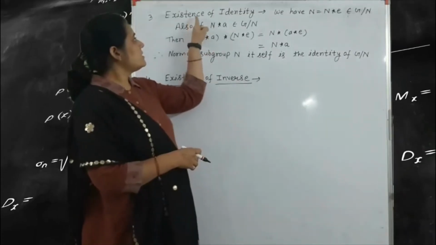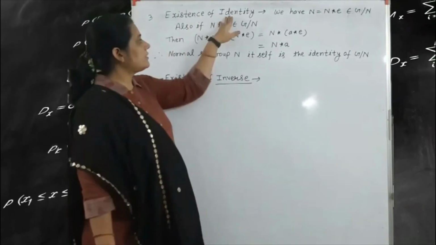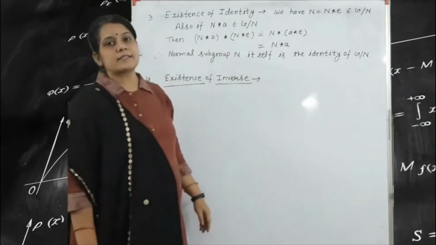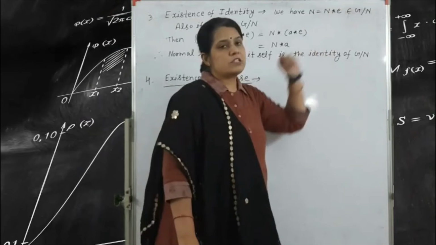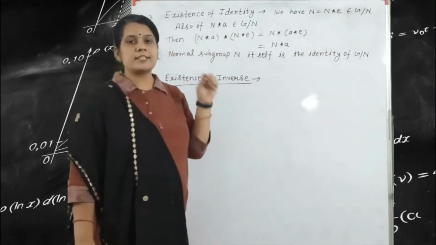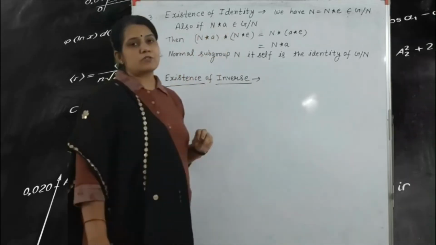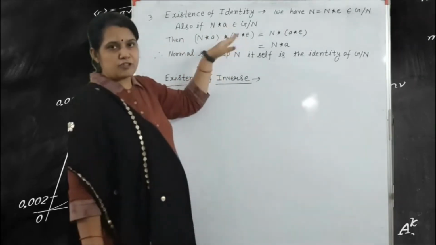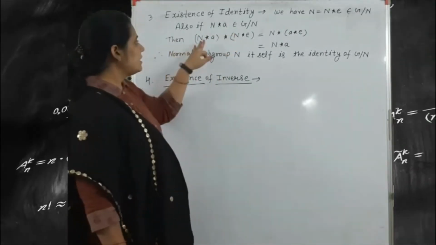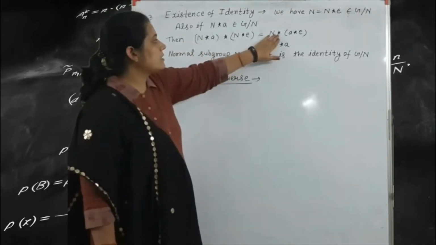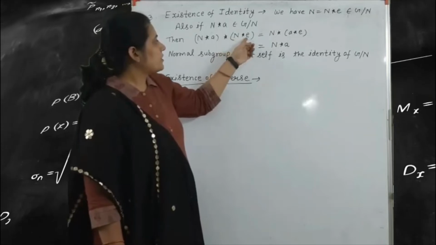Third property is existence of identity. So if we have N = N*e belongs to G/N, because e is the identity element. Also N*a belongs to G/N, this is the definition of the quotient group. So N*a * N*e is equal to N*(a*e).